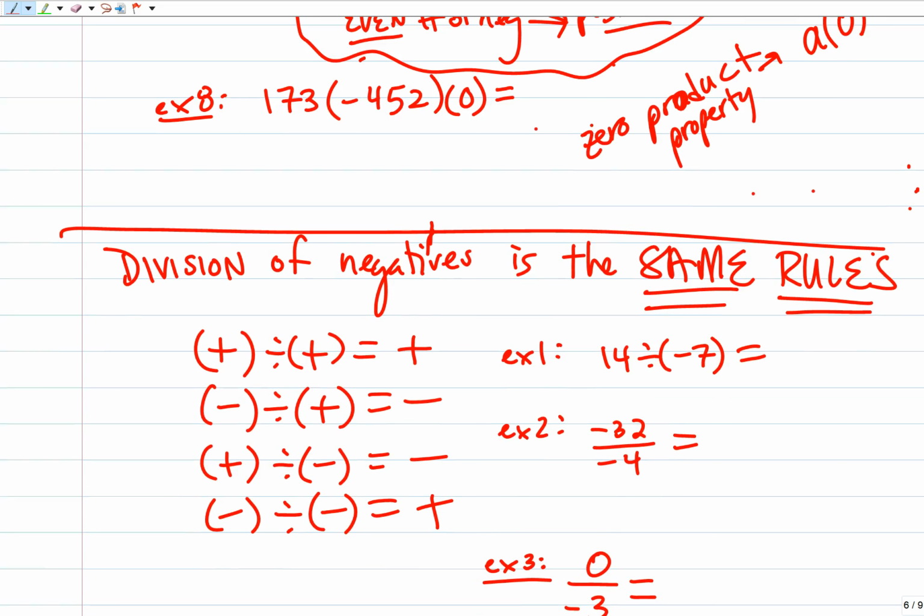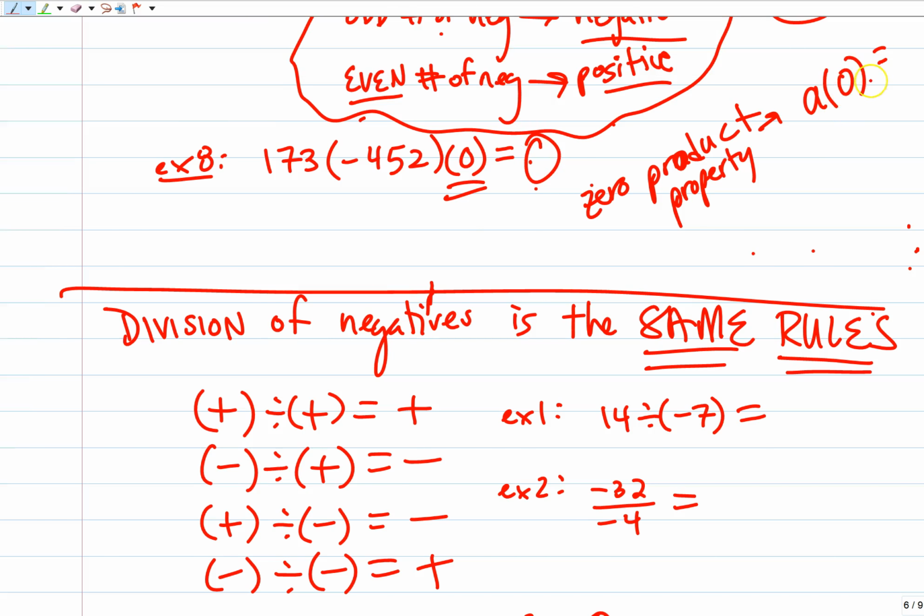What is 173 times -452 times 0? Yeah, you're wasting your time if you're typing that in your calculator. You can. But the minute I multiply by 0, the whole thing will equal 0. This is called the zero product property.